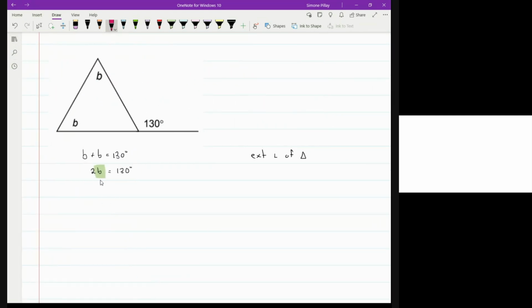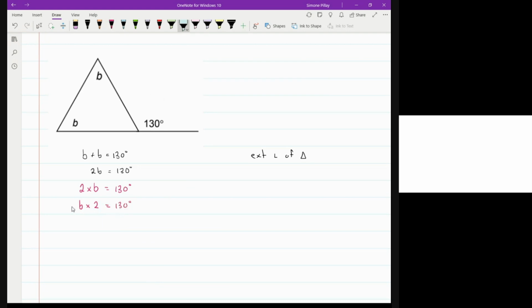So remember now, we want to get this variable, which is b, by itself. And the way that I do that is I use inverse operations. Right now, this is sitting as 2 times b equals 130. And remember, with multiplication, we can swap multiplication around. So you can even look at this as b times 2 equals 130.